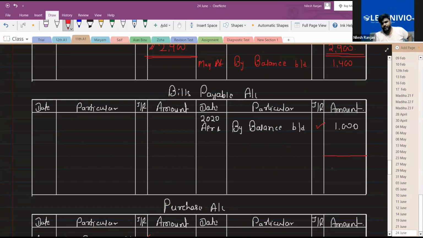Yes, sir. So total is 1,400. It will be April 30th to balance CD 1,400, and on May 1st, it will be by balance BD 1,400.